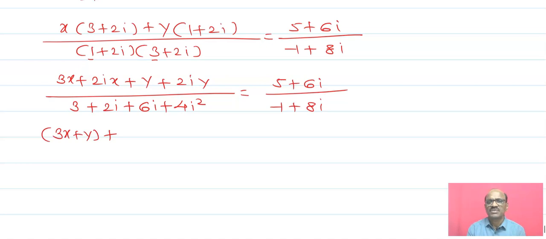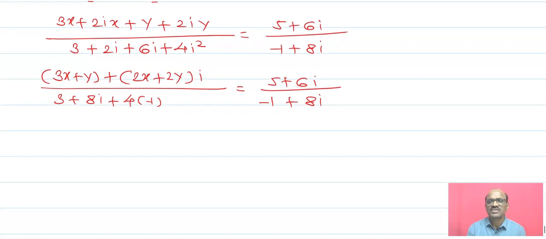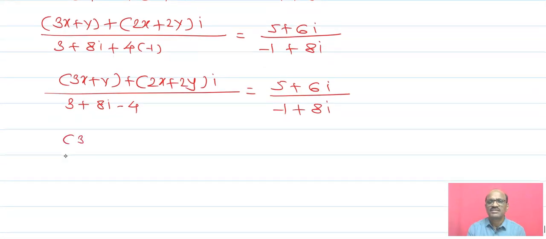(3x plus y) plus (2x plus 2y) into i, upon 3 plus 8i minus 4, that is equal to 5 plus 6i upon minus 1 plus 8i.